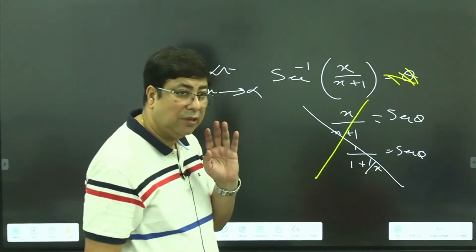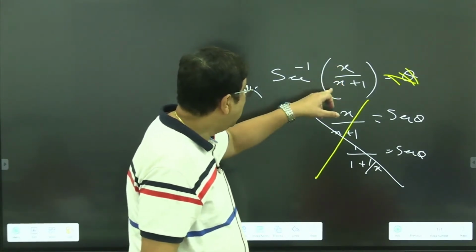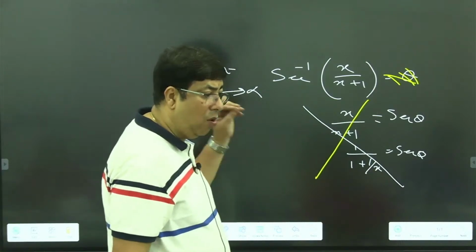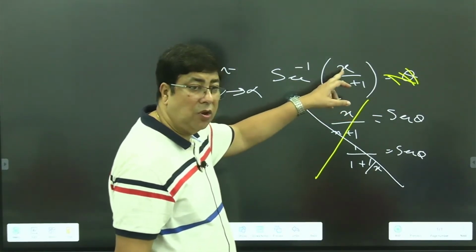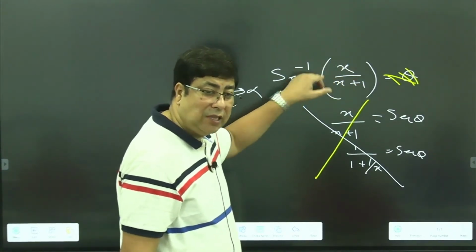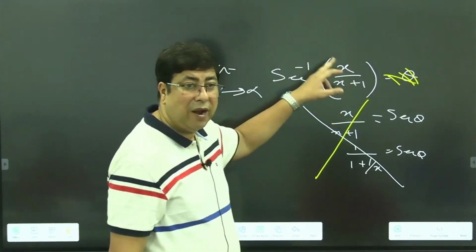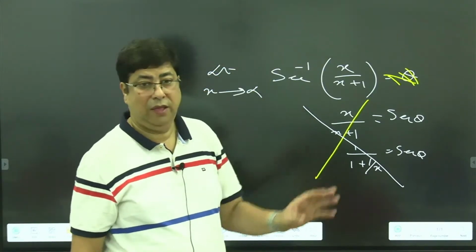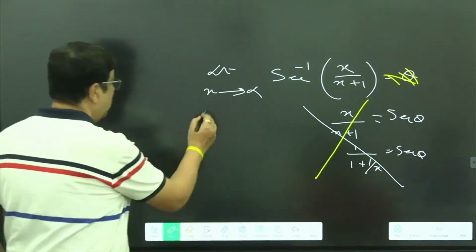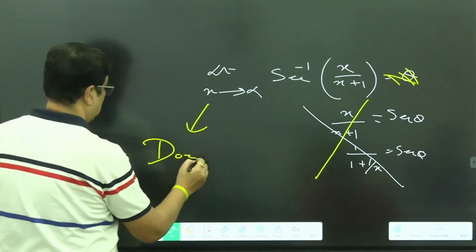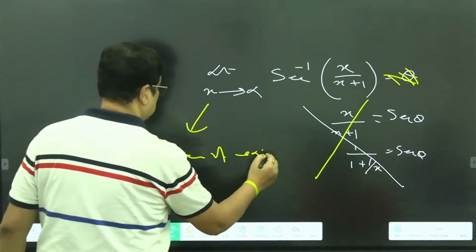Do you believe this? However large x is, x plus 1 is surely more than x. So x by x plus 1 is a fraction, and sec inverse of a fraction is not possible. So everybody, this does not exist.